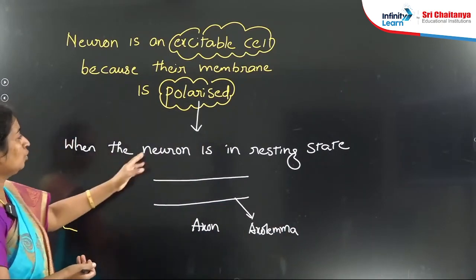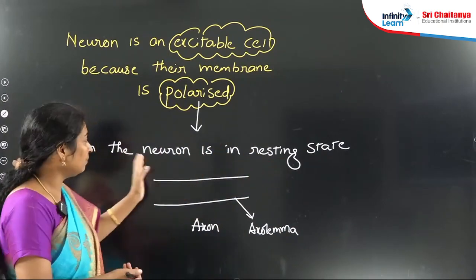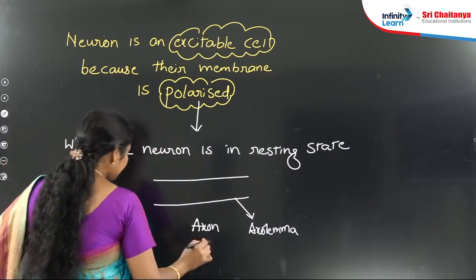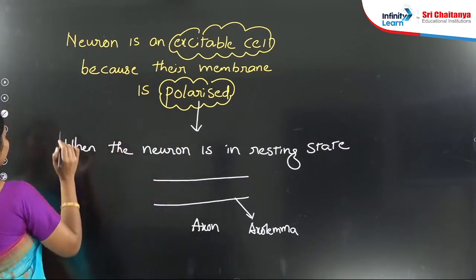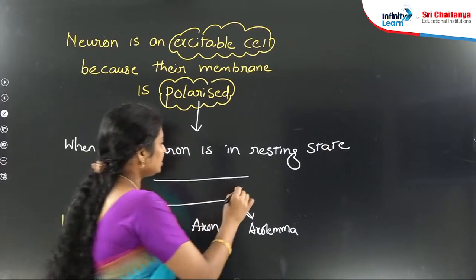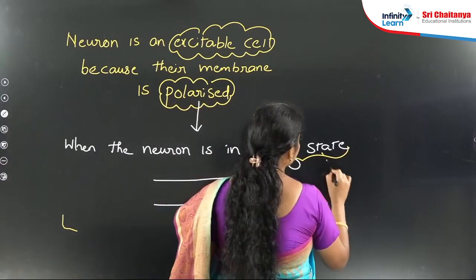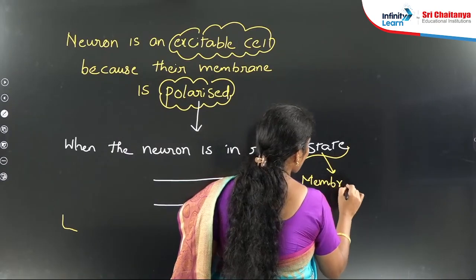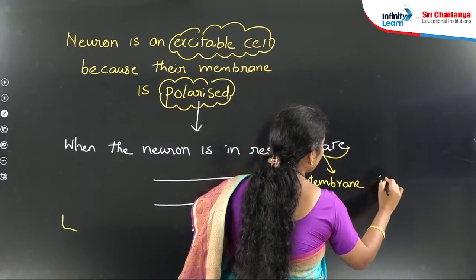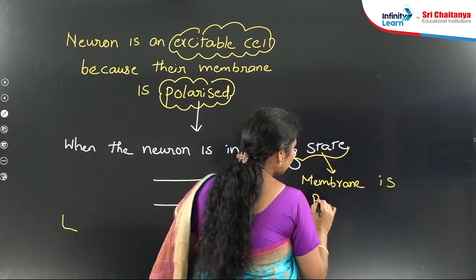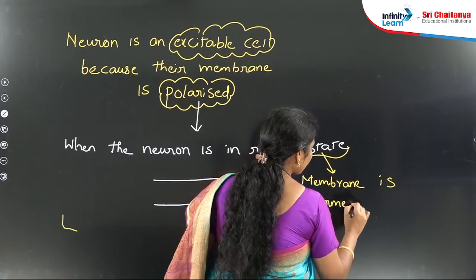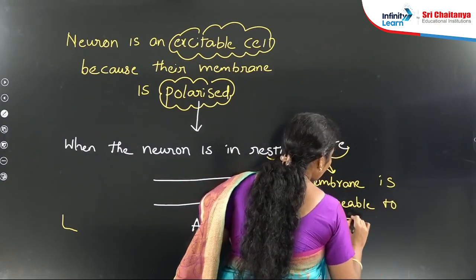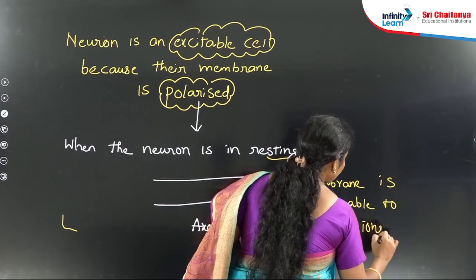Whenever the neuron or the membrane of the neuron is in resting state, this is also a very, very important point. During this resting state, the membrane is permeable to potassium ions only.